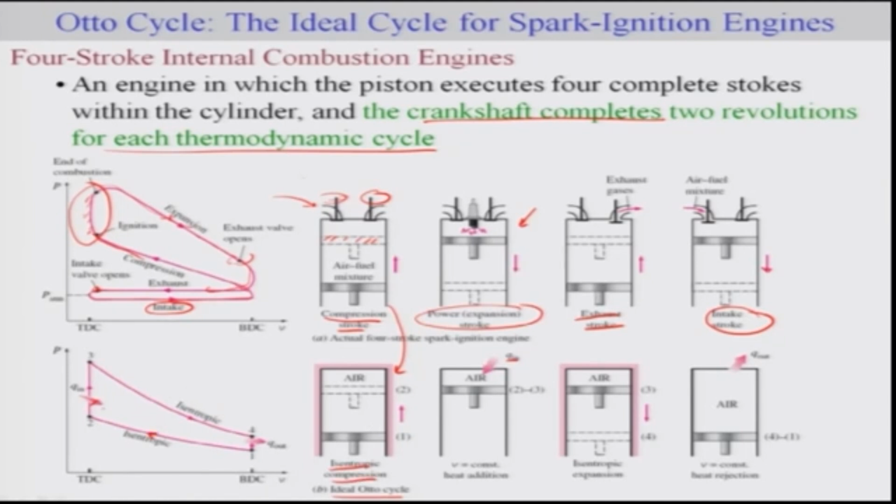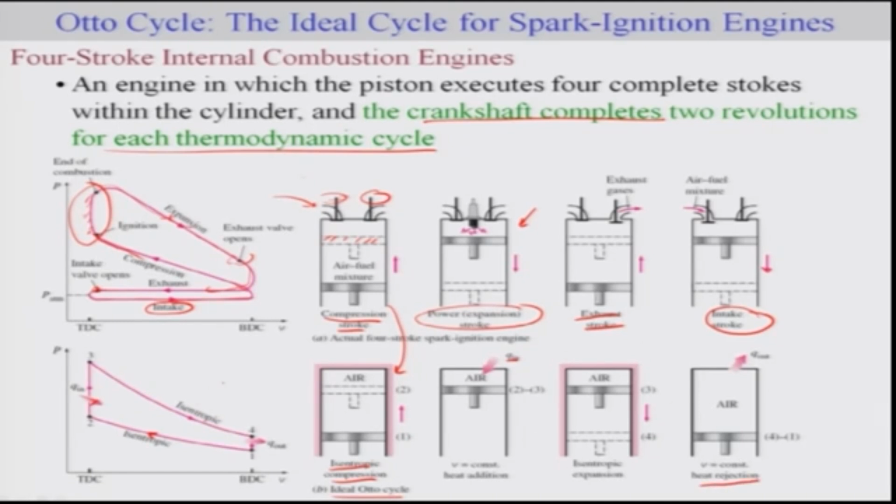So this is your adiabatic reversible compression, which is isentropic, followed by heat addition. Here this combustion is considered as a heat addition, so we are making use of a standard assumption, followed by your isentropic expansion, and then followed by your heat rejection.